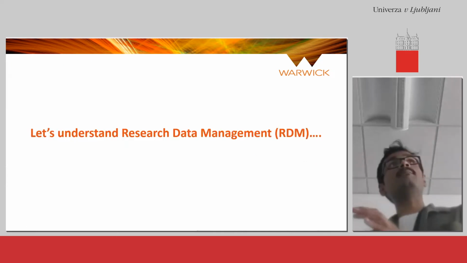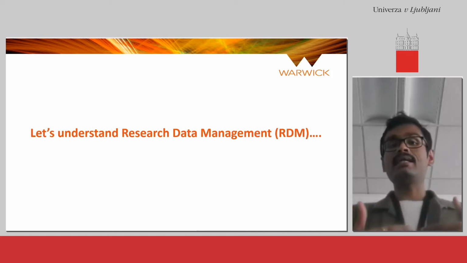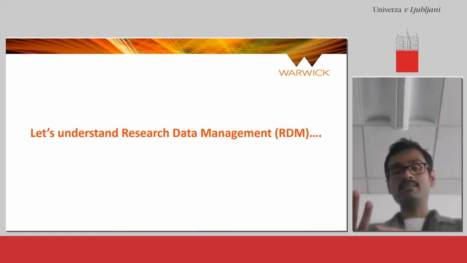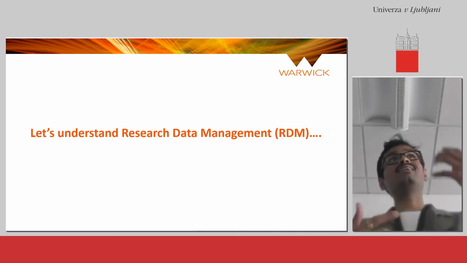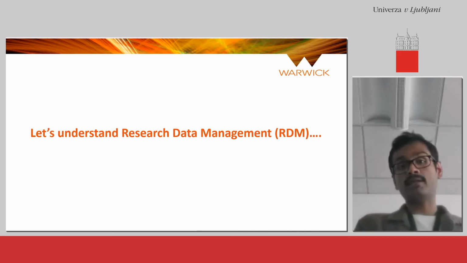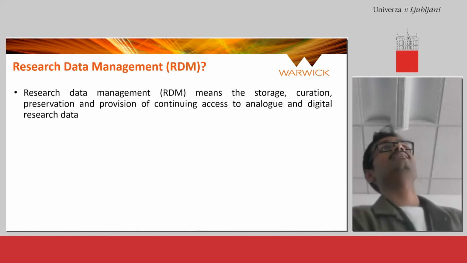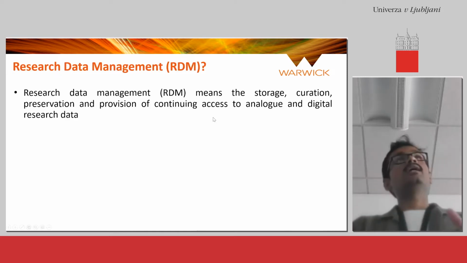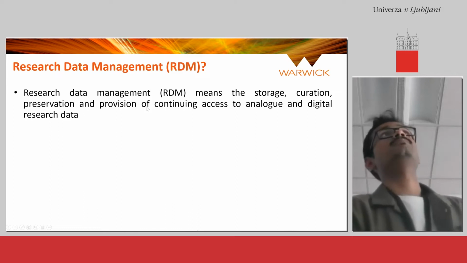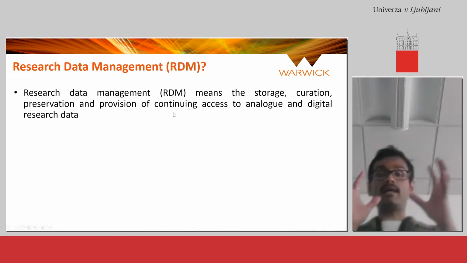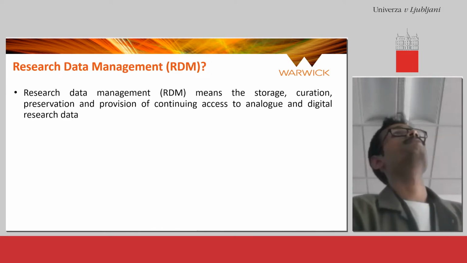So before we jump in, we need to understand what research data management means. We know what is data, what is metadata, but what does this management mean and why is it important for us. So data management, it's a very library definition. It means storage, curation, preservation, provision, but don't be scared, I'll explain what it means exactly.